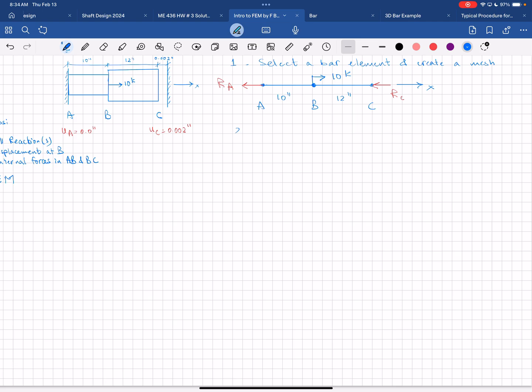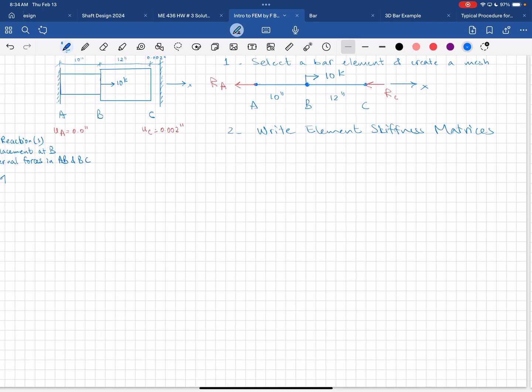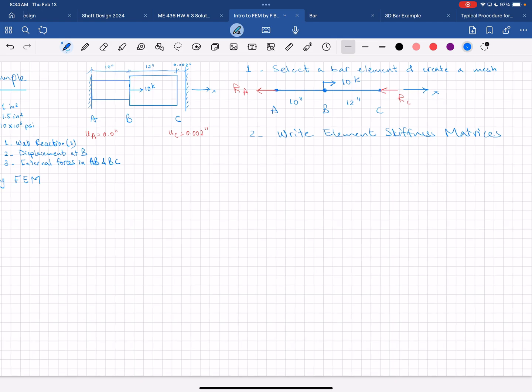So in step number 2, I'm going to write element stiffness matrices. And for a bar element, K is equal to EA over L multiplied by a 1, a minus 1, a minus 1, and a 1.